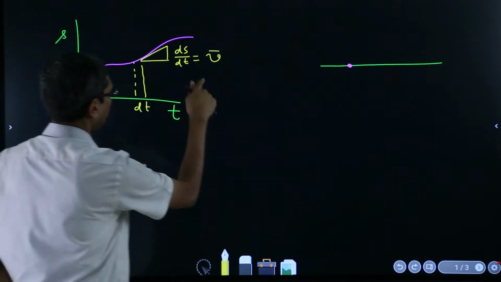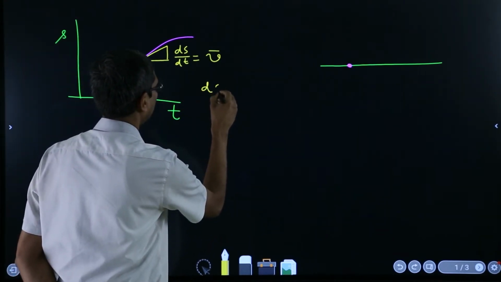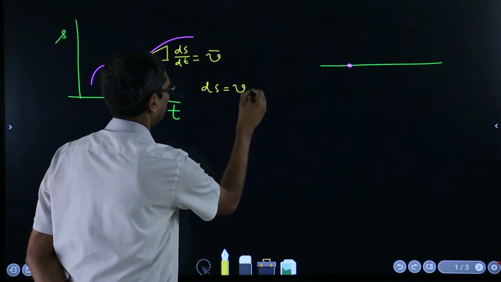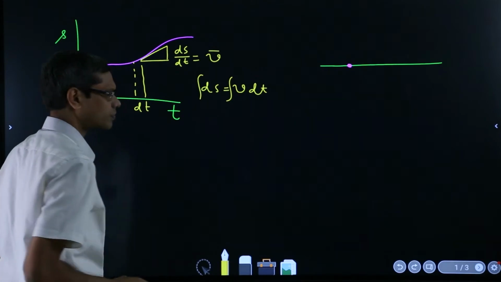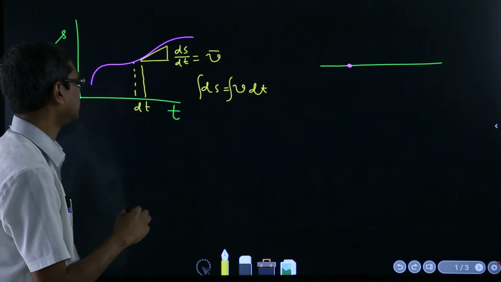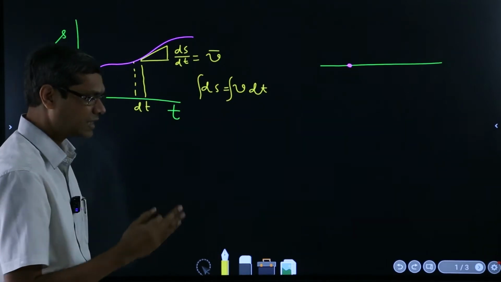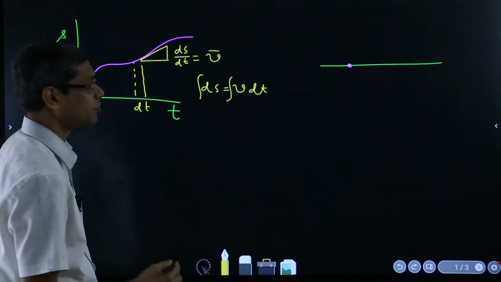From here you can write ds is nothing but v dt, and then if you integrate, the distance travelled s2 minus s1 is the integral of v dt.